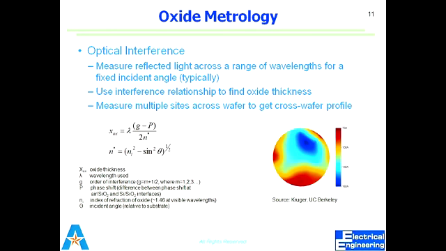In optical measurement, one way is to make use of the optical interference. In that case, you need to know exactly the coefficient of refraction, the index of refraction for the specific oxide layer. The process and the conditions by which you have grown that oxide will change your index of refraction.